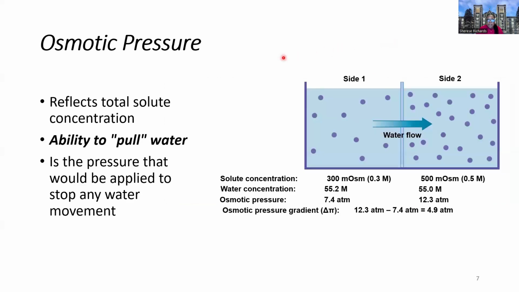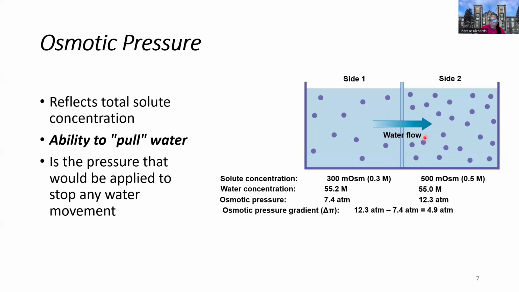Okay, let's talk about osmotic pressure and the osmotic pressure gradient. So what do we mean by osmotic pressure? This is a reflection of the solute concentration and the ability of the solute concentration to pull water towards it. This is why I think it's really interesting to think about the direction of water movement, not just in terms of the water gradient, but in the opposite way, in terms of the solute gradient.